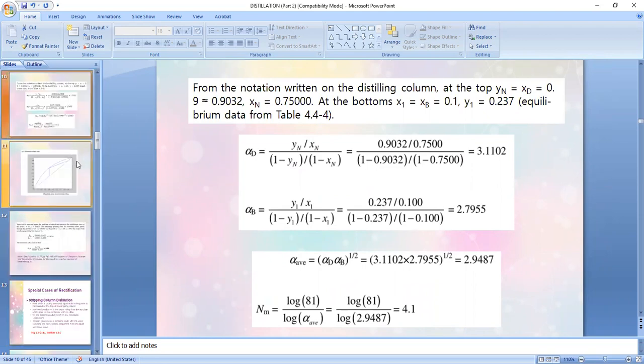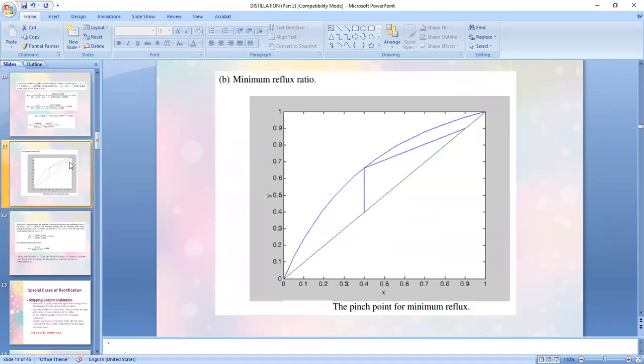I'll go up. Graphically, class, you determine the minimum reflux ratio based on the X prime and Y prime. What are the X prime and the Y prime? Those are the coordinates of the pinch point. This is your pinch point, the point where your feed line crosses the equilibrium curve.